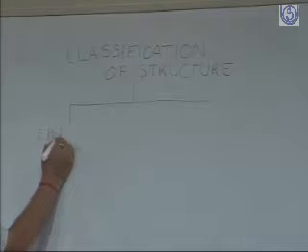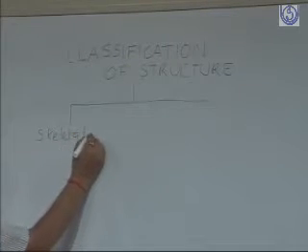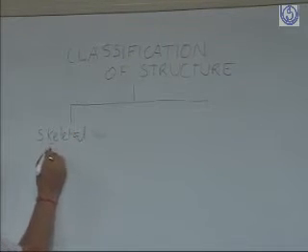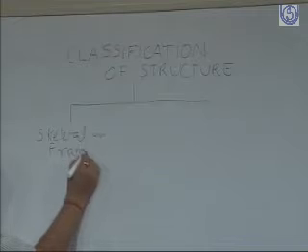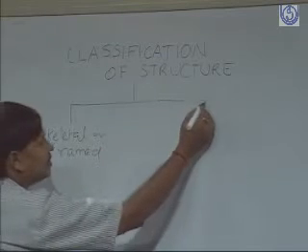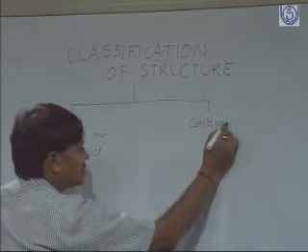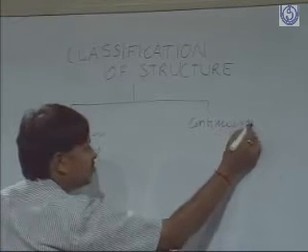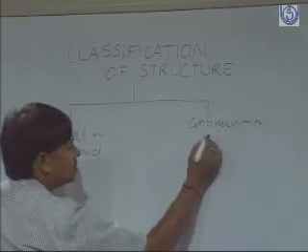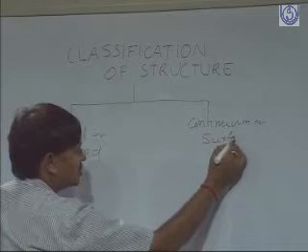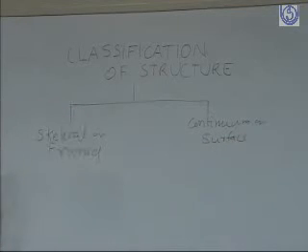One is called a skeletal or framed structure, and the other one is continuum or surface structure. There is a lot of difference in the analysis of these two types of structures.